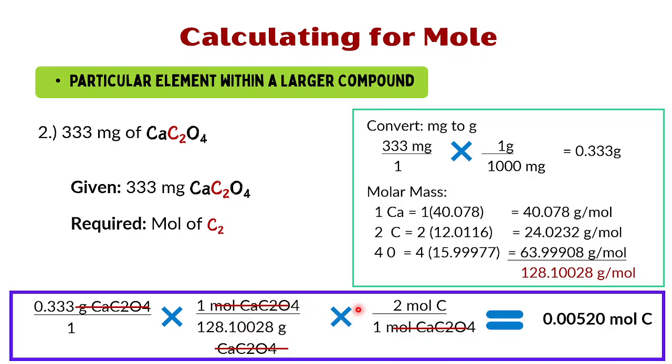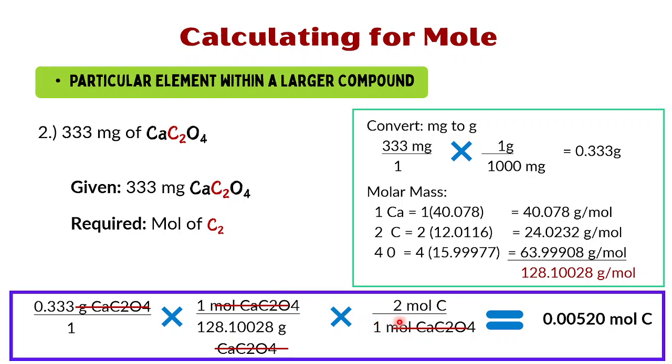So now, we also need to cancel out the mole of calcium oxalate, which is why I place the 1 mole of calcium oxalate here at the denominator, so that they cancel out. The unit on the numerator of one variable is in the denominator of the other variable, so that their units cancel out.